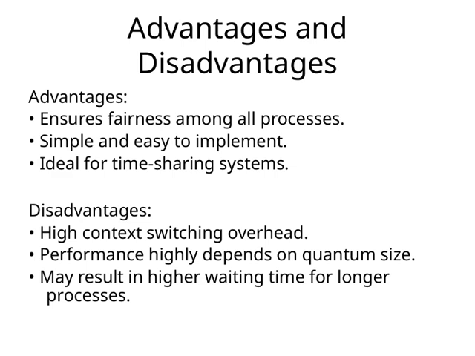If the quantum is too small or too large, it can either cause excessive switching or poor responsiveness. Lastly, longer processes may experience higher waiting times, which can lead to inefficiencies, especially when dealing with processes of varying lengths. Understanding these pros and cons helps us see how this scheduling method fits within different system requirements and constraints.